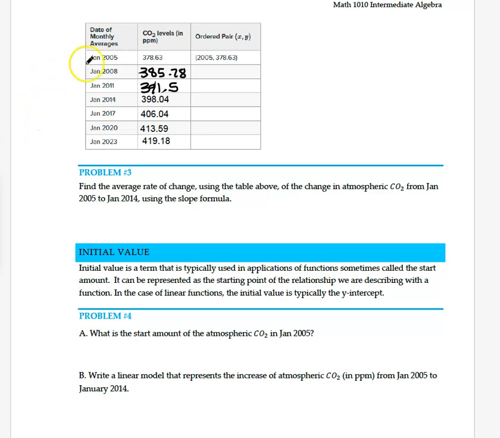All right, so we're going to look at this one and then this one. Again, remember, the rate of change is slope, so we're using the slope formula. We're going to start off with our y2 and our y1, so let's subtract those.